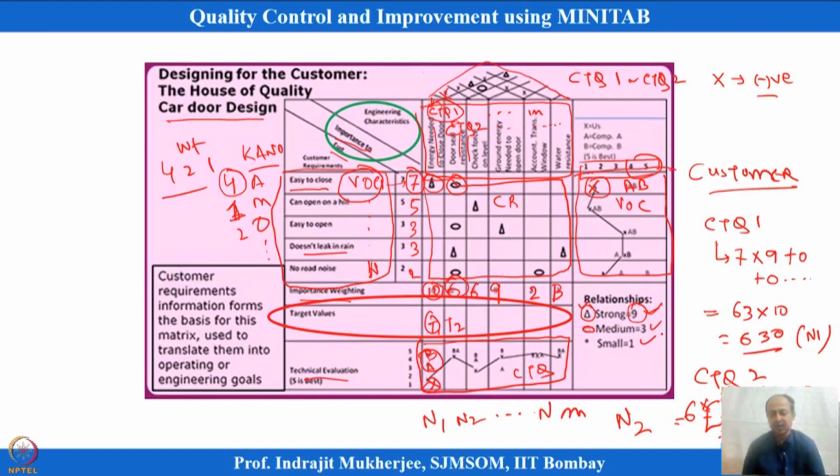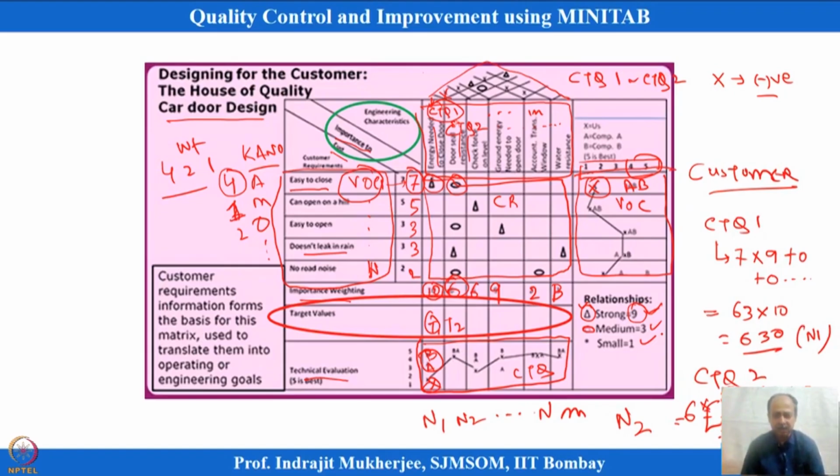So, strong, medium, small, we can change the numbers, but which CTQ is important and which is not will always be reflected, because importance is given by the customer, and Kano importance we know. That will be multiplied with the correlation matrix that we are getting over here, and based on that the overall score will come. Which CTQ is important will not change basically.